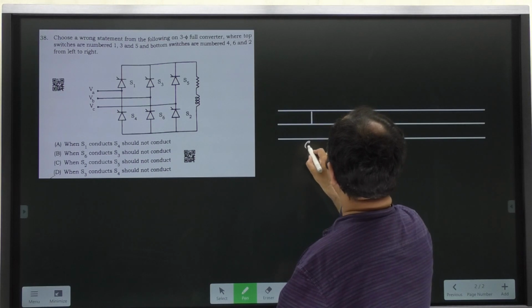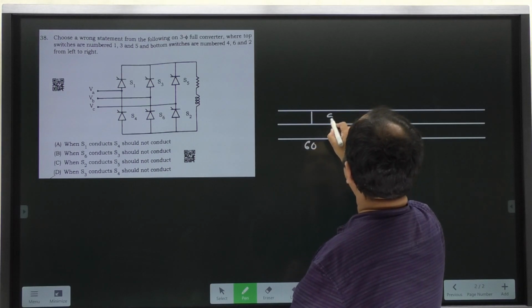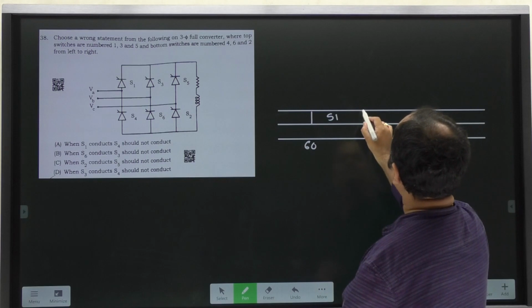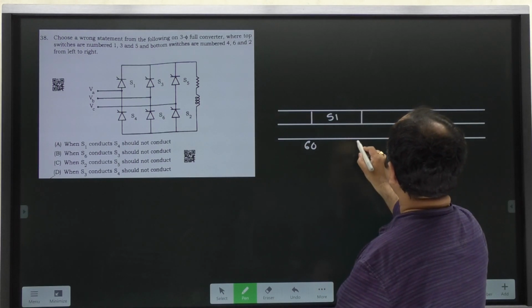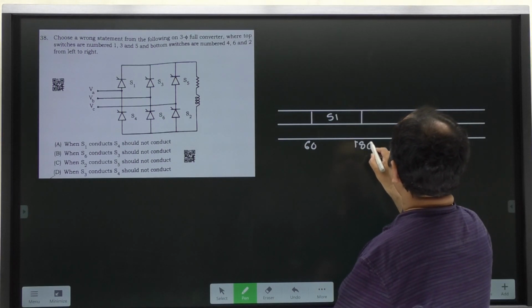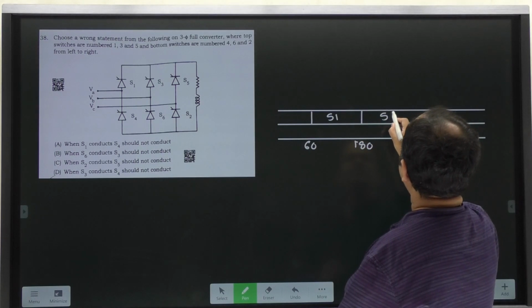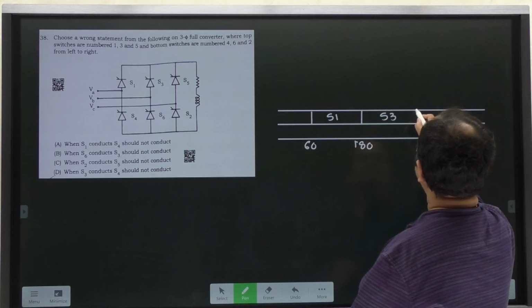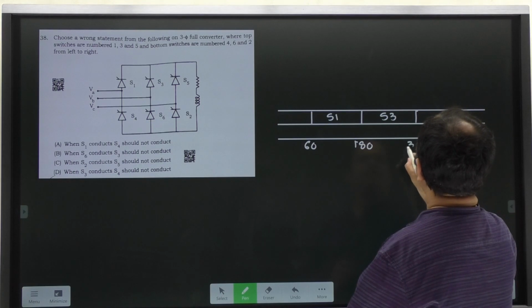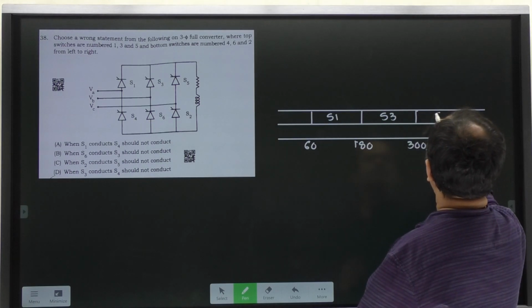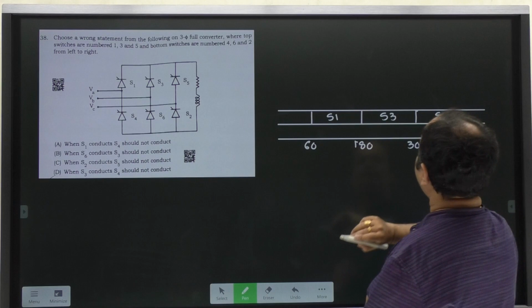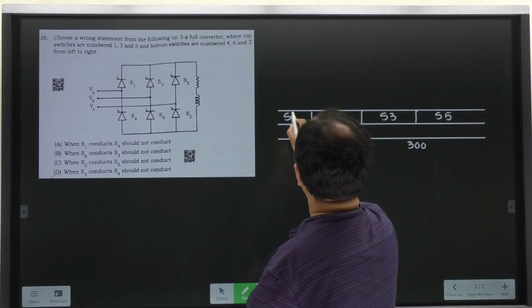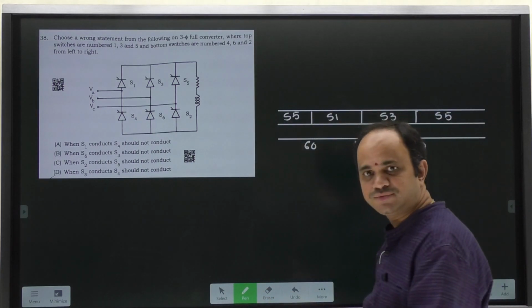At 60 degree S1 will start, at 180 degree S3 will start, at 300 S5. So before this also S5.